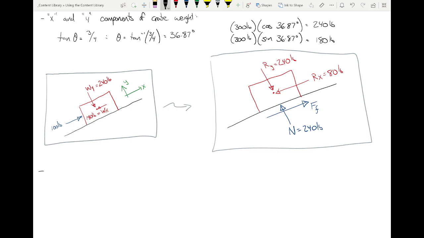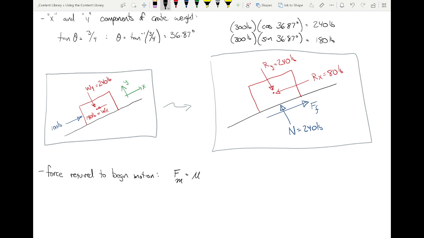What is the force required to begin motion? That's Fm. And how do we compute? I can do better than that.